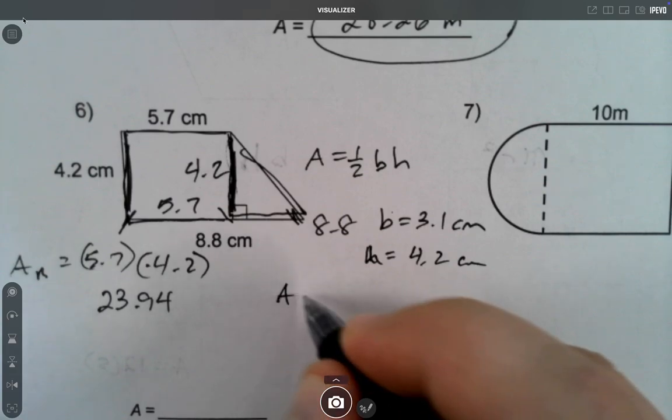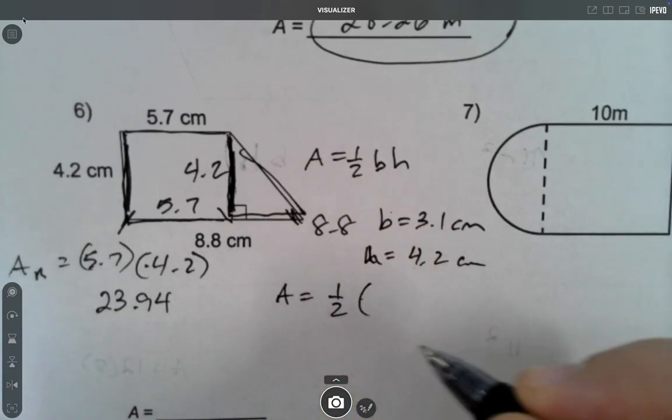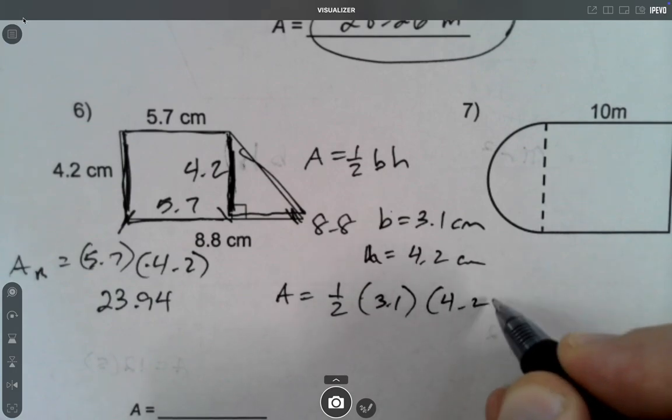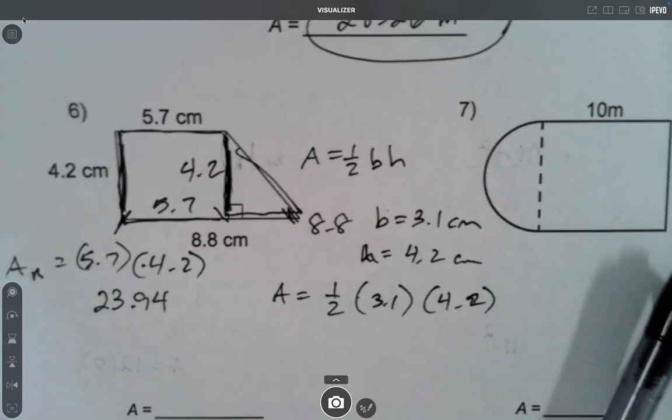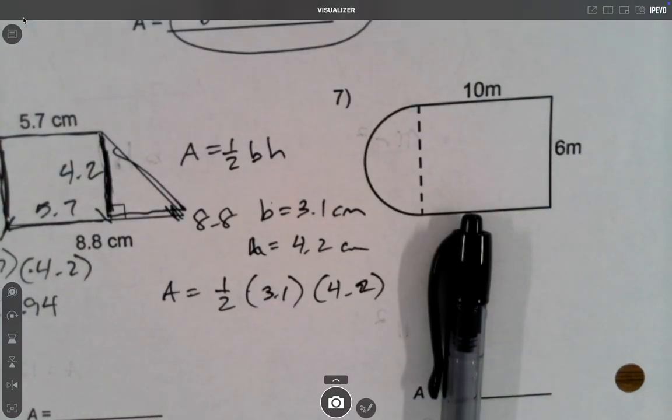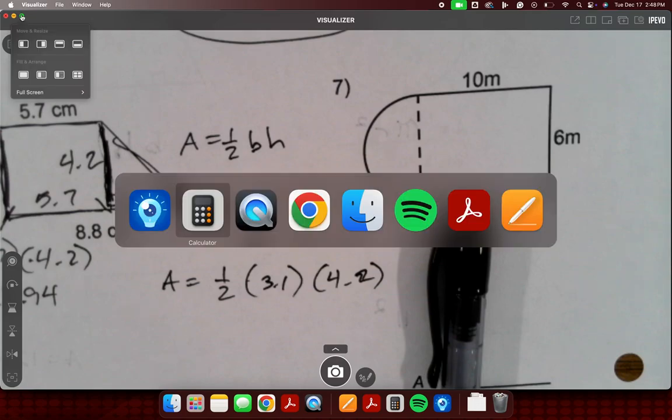So for the area of the triangle, we'll do half times the base, which is 3.1, times the height, which is 4.2. So let's plug that in our calculator and see what we get for the area of the triangle, and then we'll add the two together. Oops, sorry, I lost it. There we go.